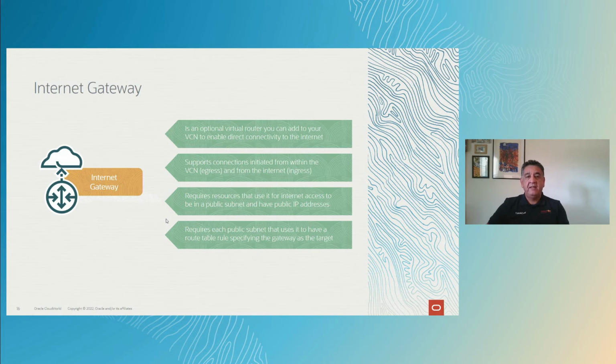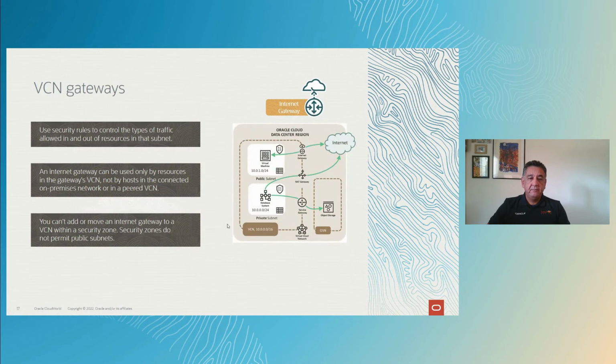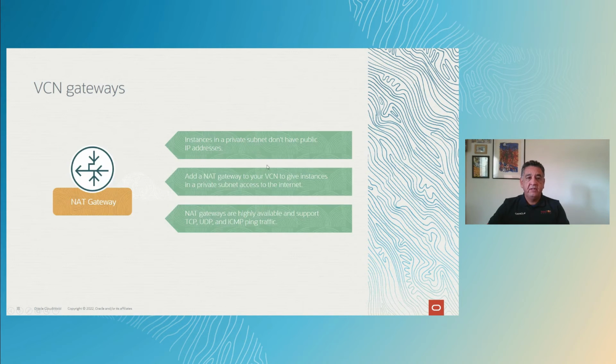You can establish that communication. Again, you require a public subnet to leverage the internet gateway. Now, the internet gateway can only be used by resources in the virtual cloud network. If you peer virtual cloud networks, the one that is peered with the one that has the internet gateway will not be able to leverage that internet gateway.